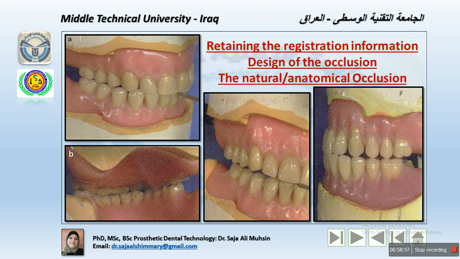Note that the second molar should only be placed if there is room for it. Okay. On the image on the left side, we can notice, for example, only the first molar. Because we don't have enough space for the second molar, we have the first molar.